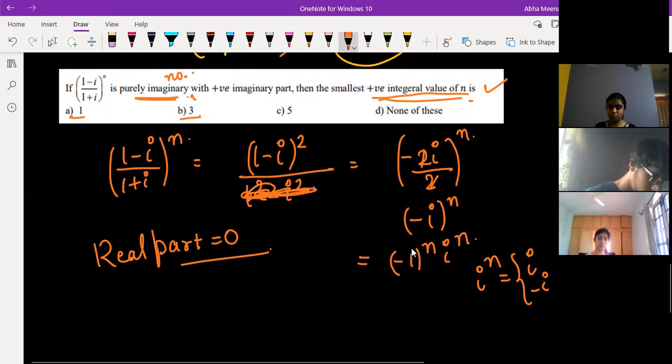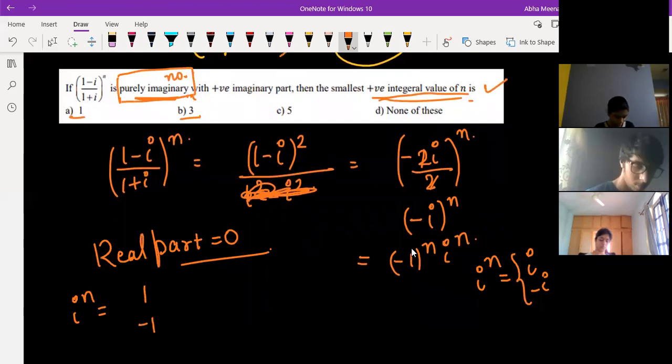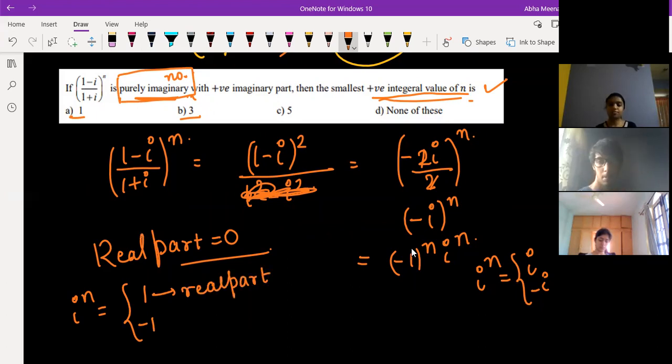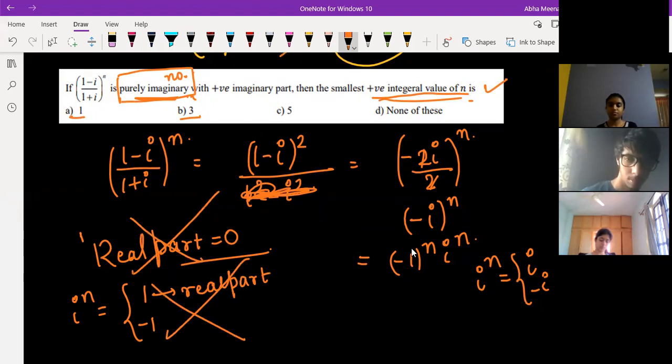Because it is given that this is a purely imaginary number. Purely imaginary number means the real part is 0. If i to the power n would have been equal to 1 or minus 1, this would have been considered as the real part. But here we do not have the real part. So i to the power n can assume only two values, i and minus i.